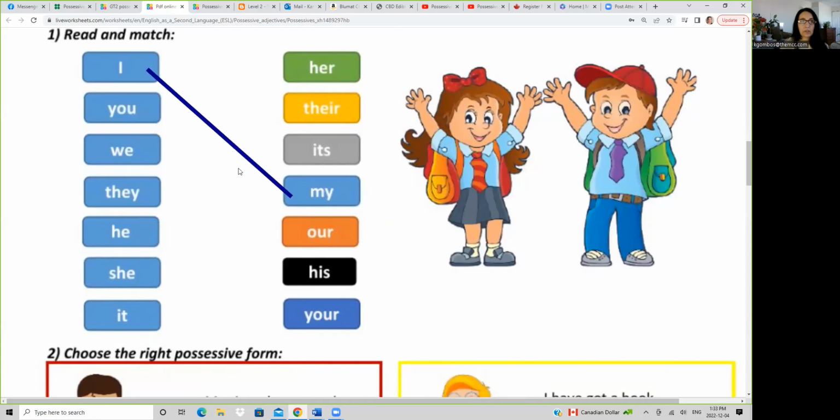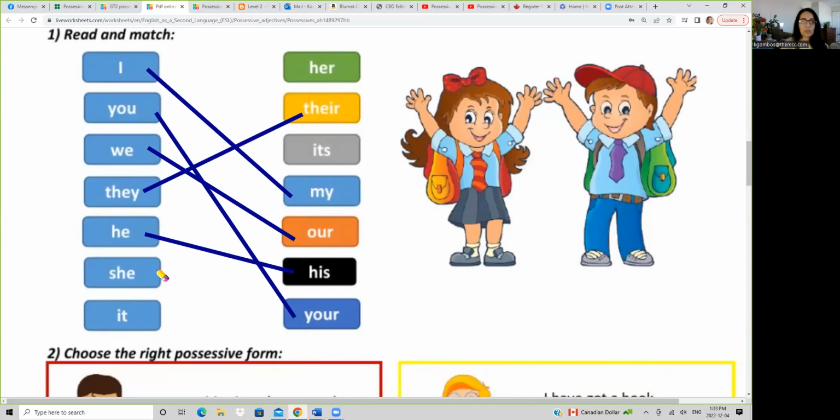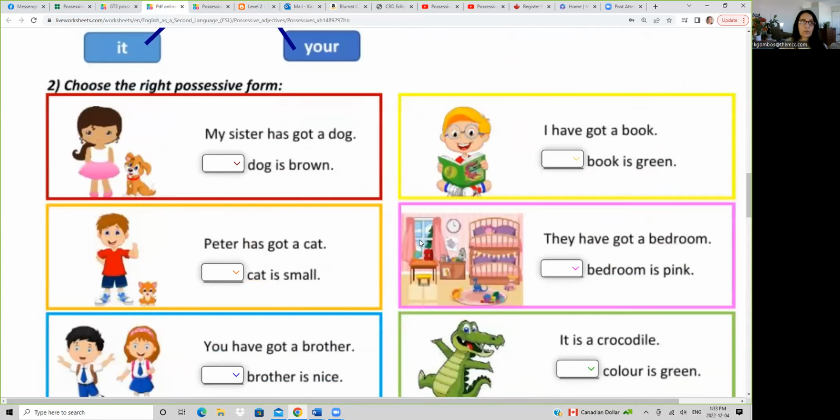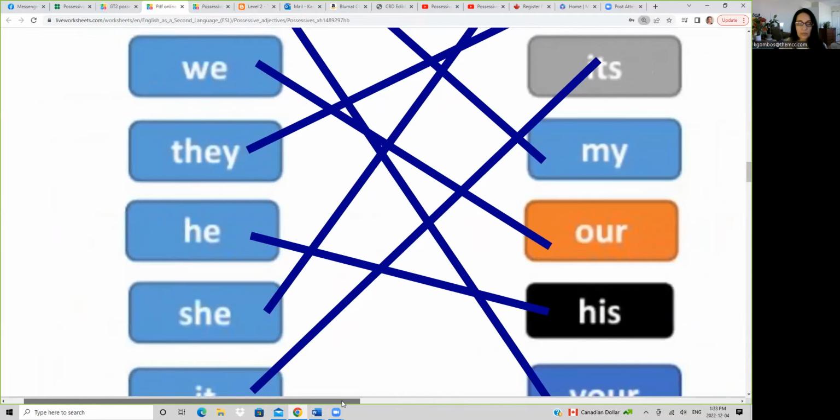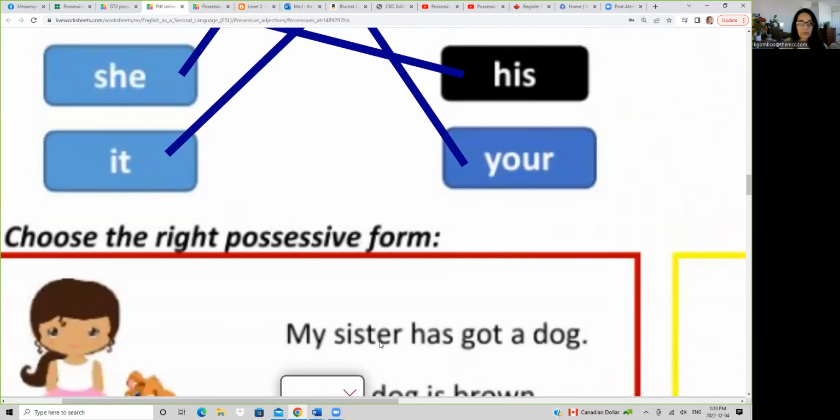You, your, we, our, they, their, he, his, she, her, and it, its. And then here, let me try to make it bigger. I'll do a couple of those. The rest I will leave up to you.